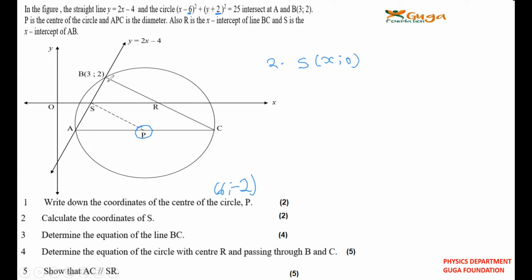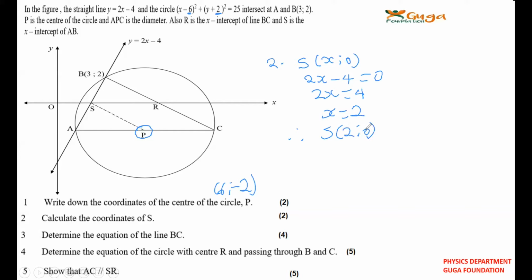S lies on the straight line, so we just substitute. 2x - 4 = 0, so 2x = 4, and x = 2. Therefore, S will be (2, 0).